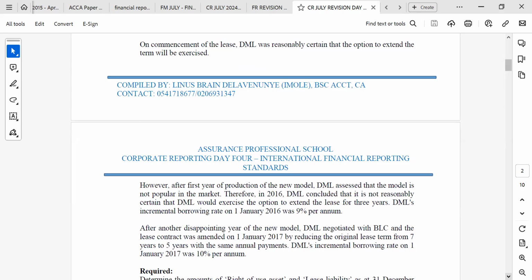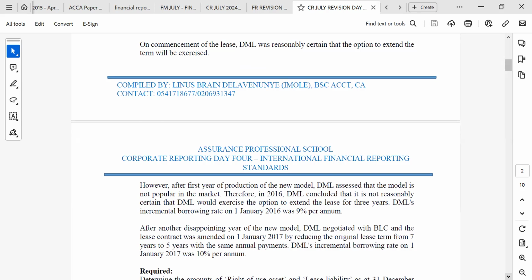Therefore, in 2016, they conclude that it is not reasonably certain that they will exercise the option to extend the lease for the 3 years. Their incremental borrowing rate on 1st January 2016 was 9% per annum. So they say after first year, technically the first year will be from 1st January 2015 to 1st January 2016, isn't it?